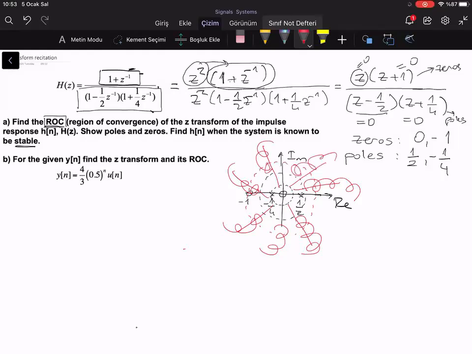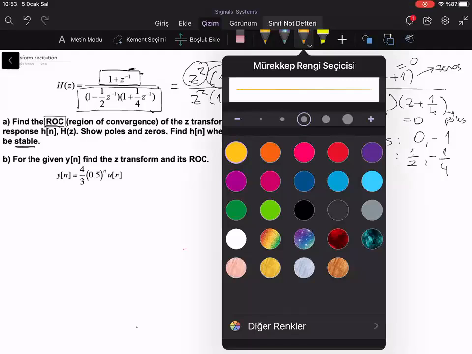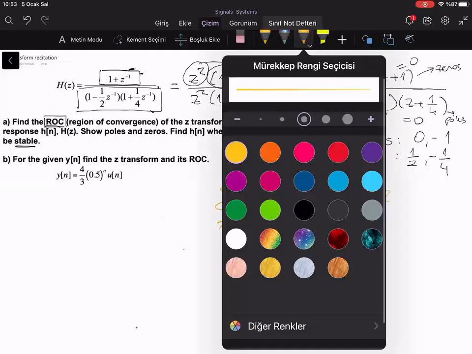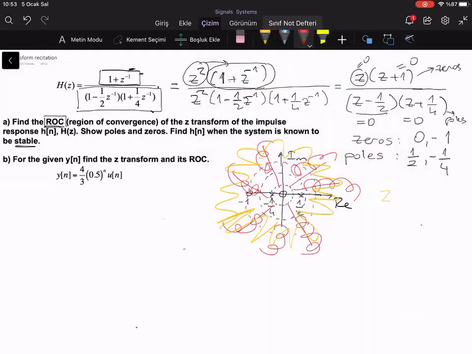And then finally, the final shading will be like this. What does final shading represent? Yeah, also.